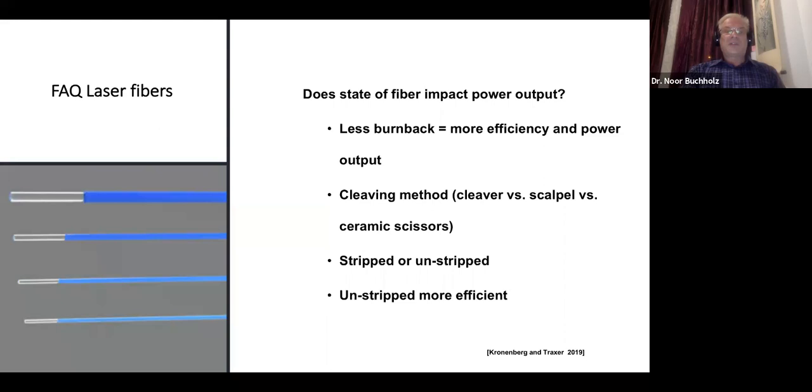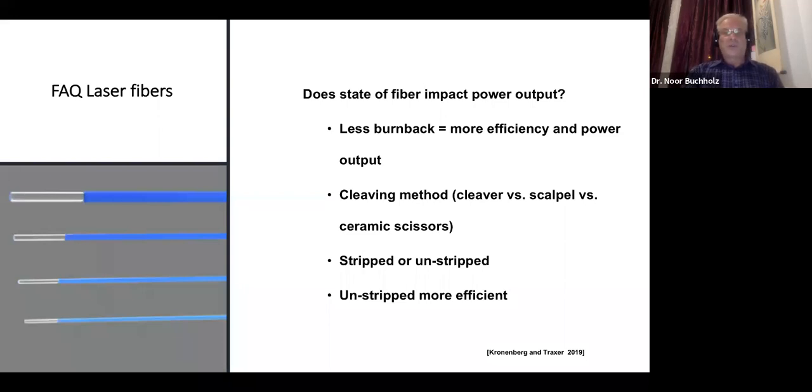Now, does the state of the fiber impact the power output? We talked a little bit about the burn back. If you have less burn back, you get more efficiency and power output for longer. There is a lot of discussion going on about the cleaving method. The companies sell very expensive cleavers to cut the laser fiber.